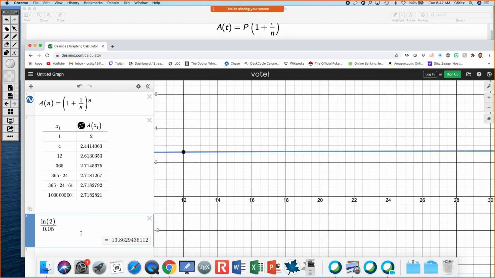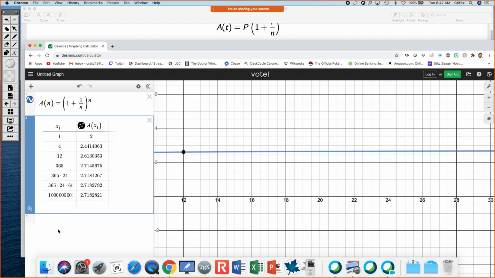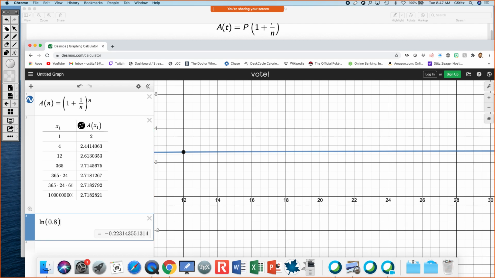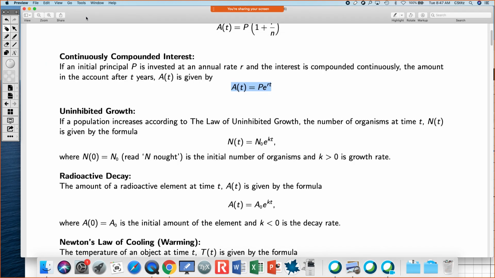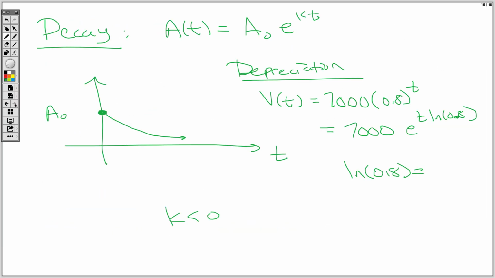So let's draw that up on Desmos. Negative 0.22, etc. So the value could be rewritten using the change of base as 7,000 e to the minus 0.22, etc. times t. And so that means we have a decay curve or depreciation curve. Okay.